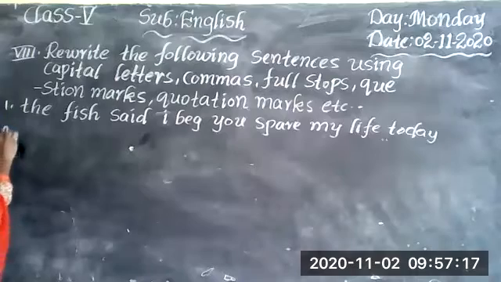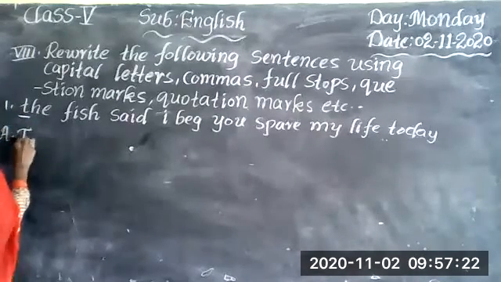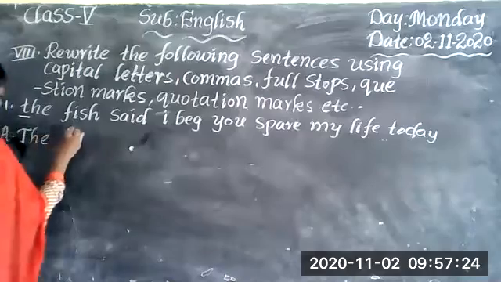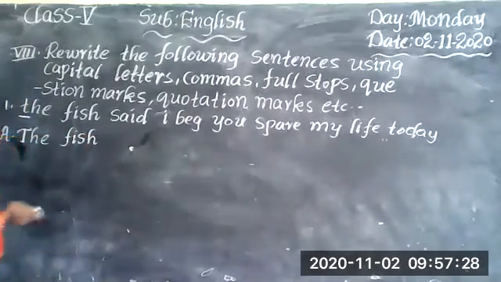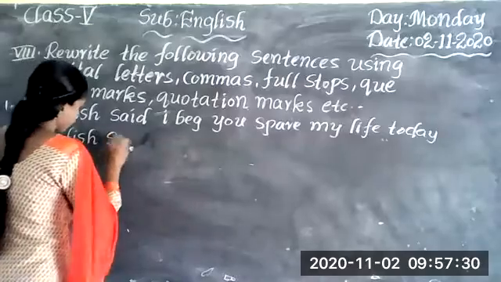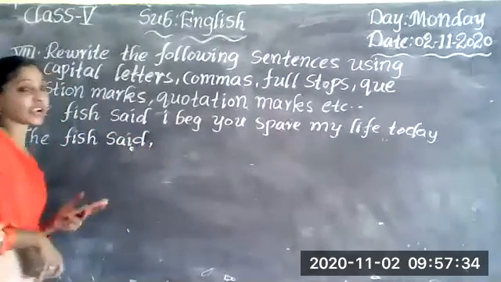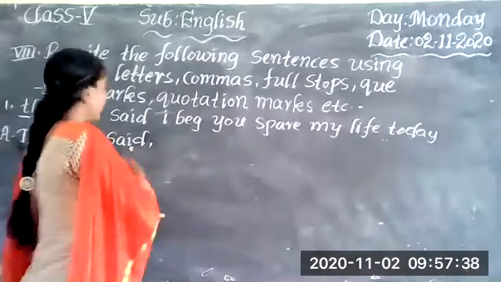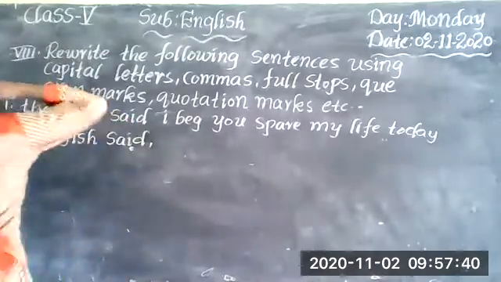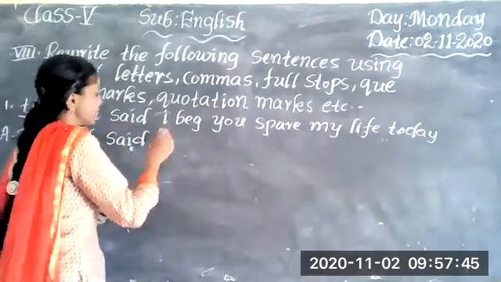Answer. First, we have to write capital T. The fish said. So after said, we have to put a comma. Before starting quotation marks, we have to put a comma to separate this. What do we call this? The actual words of the speaker.